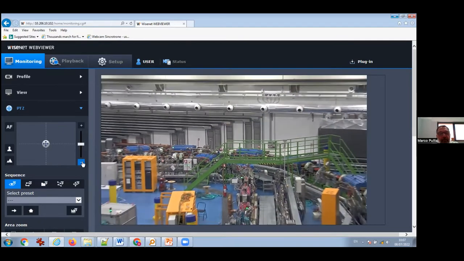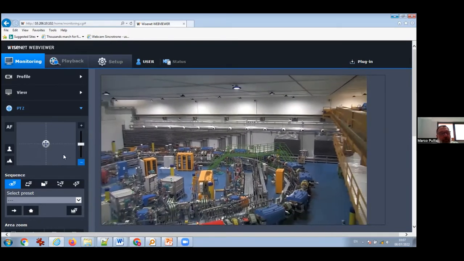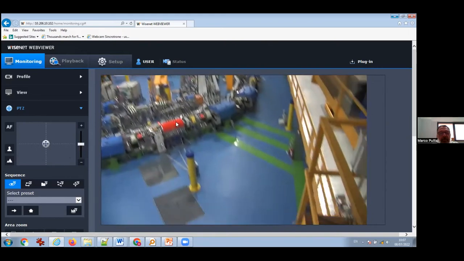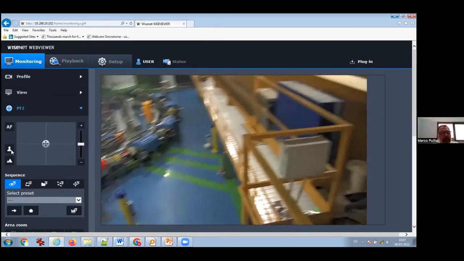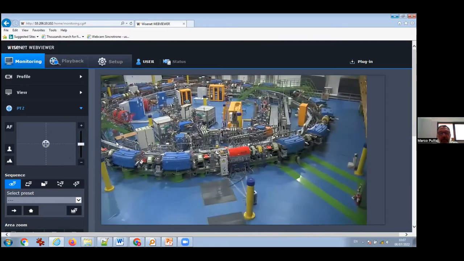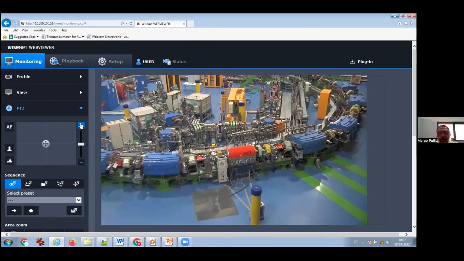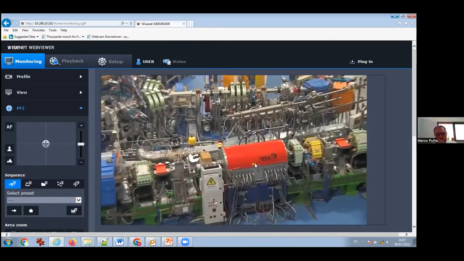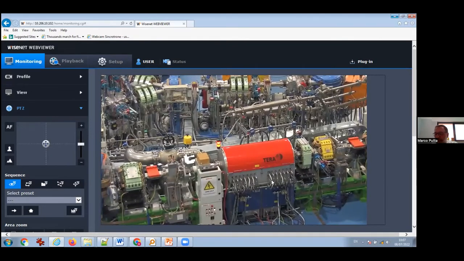Then we have on the near side here this red barrel with HITR written on it, which is our radio frequency cavity, the one that accelerates the particles. And here we have in yellow the resonance driving sextupole.